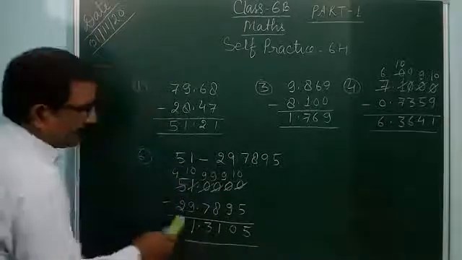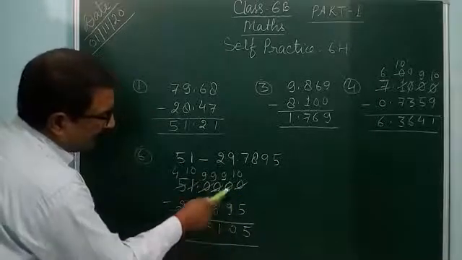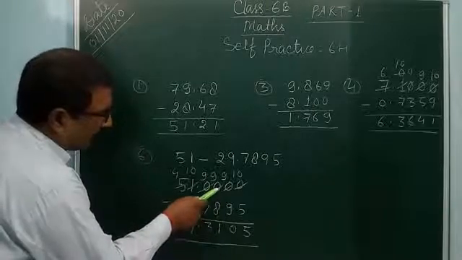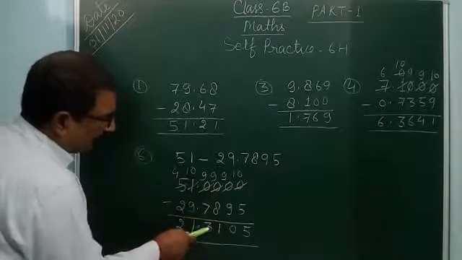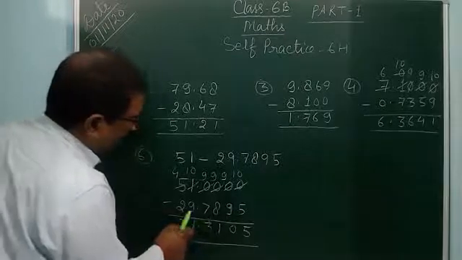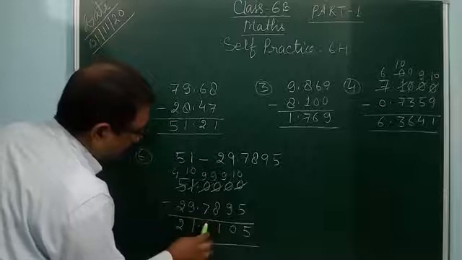You can check the answer. 5 and 5, 10, 0, 1 carry. 9 and 1, 10, 0, 1 carry. 8 and 1, 9, and 1, 10, 0, 1 carry. 7 and 3, 10. So 9 minus 7, here you can write 2, no? Here it will be 2.